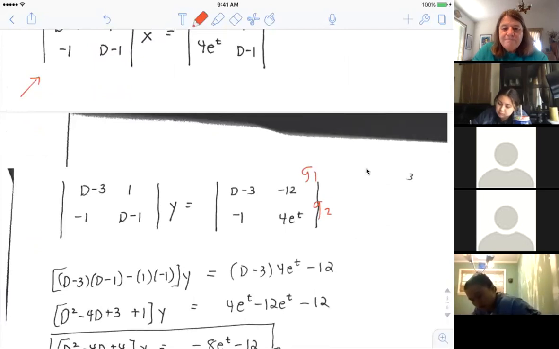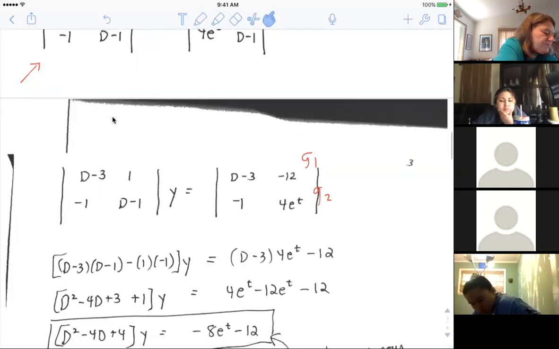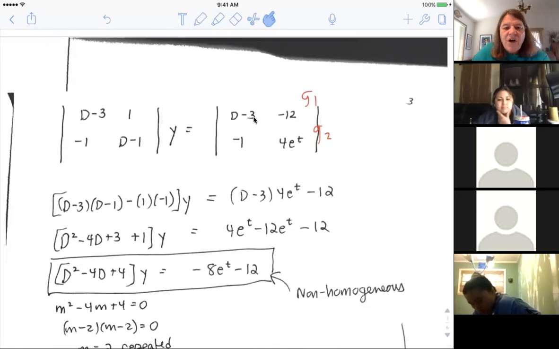All right, let's see what happens in both of these things. Let's try this one. Just look at this y one since it's on this page right here. If you look at the determinant here, it'll be D minus 3 times D minus 1, cross, and you'll get minus 1 times minus 1. And that's operating on y.